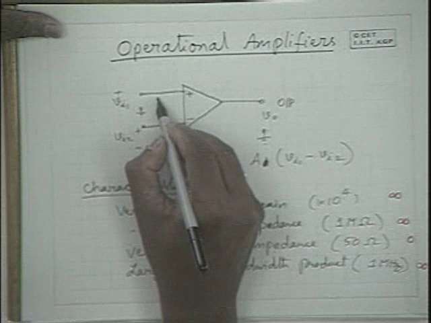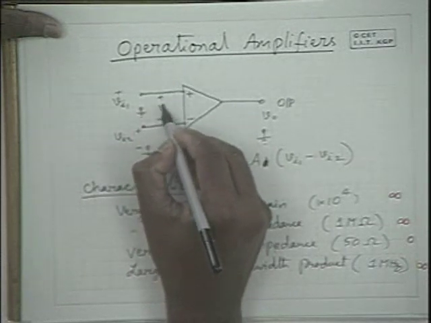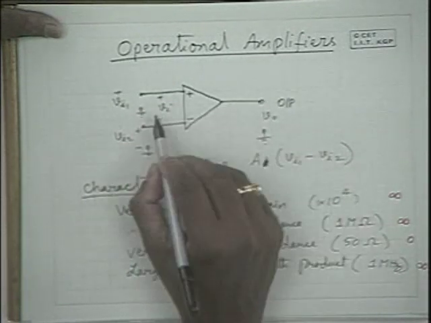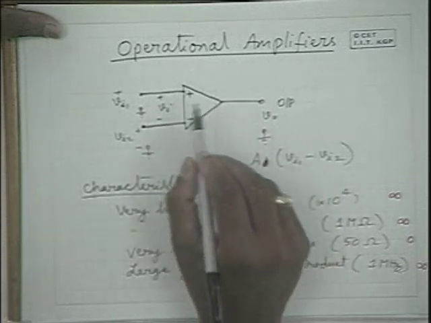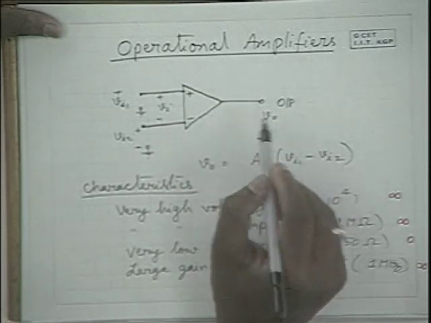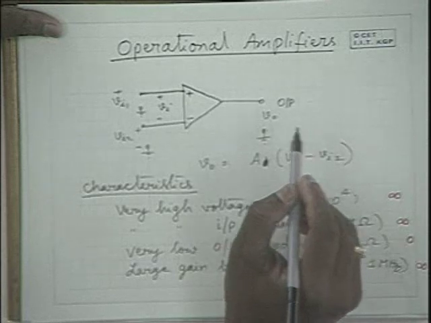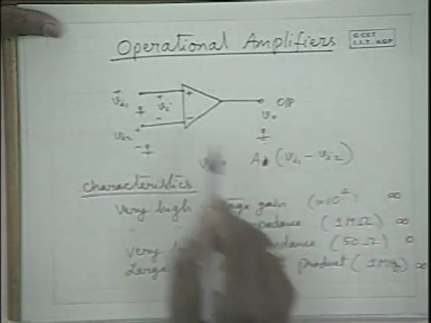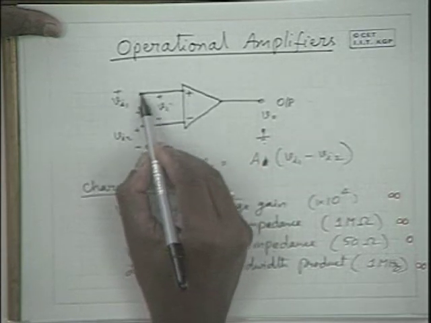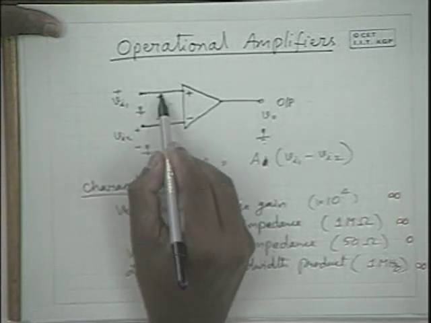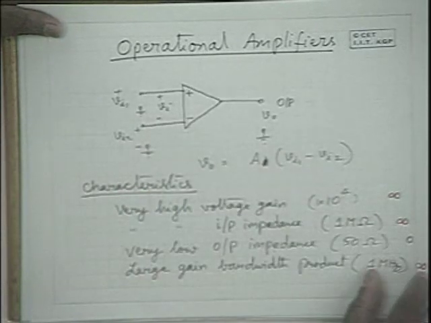And with this circuit itself, by applying an input between these two and taking the output here, you can make use of it like a double-ended amplifier. By connecting a difference signal across these two terminals, it can be used as a double-ended amplifier.